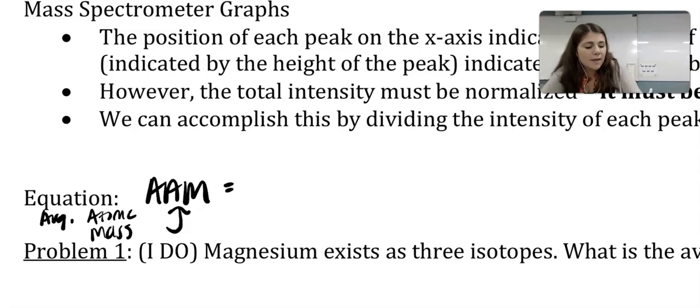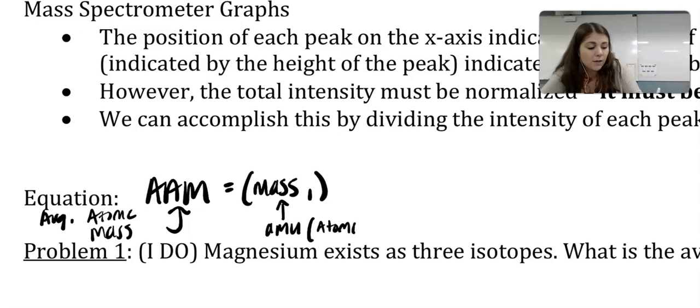So average atomic mass would be the mass of our first one, and most times it's going to be given in AMU, which stands for atomic mass unit. So you'll take the mass of the first isotope, and again, mass is protons plus neutrons, and you would multiply by the relative abundance of the first one.